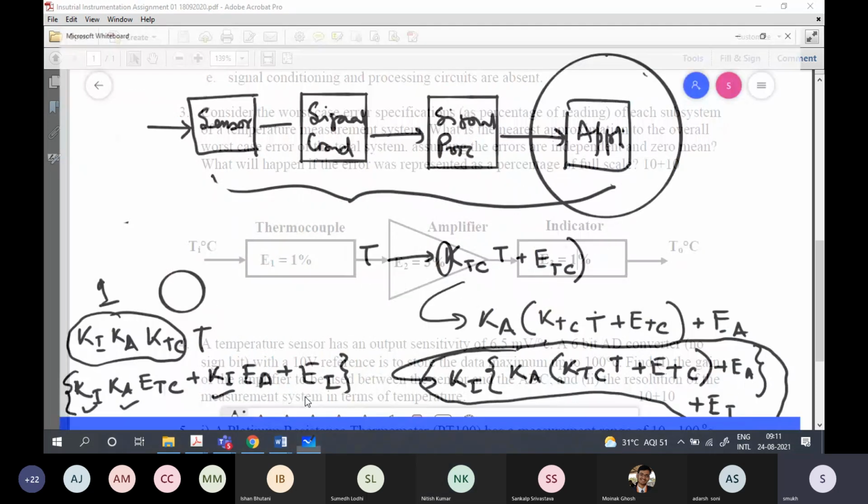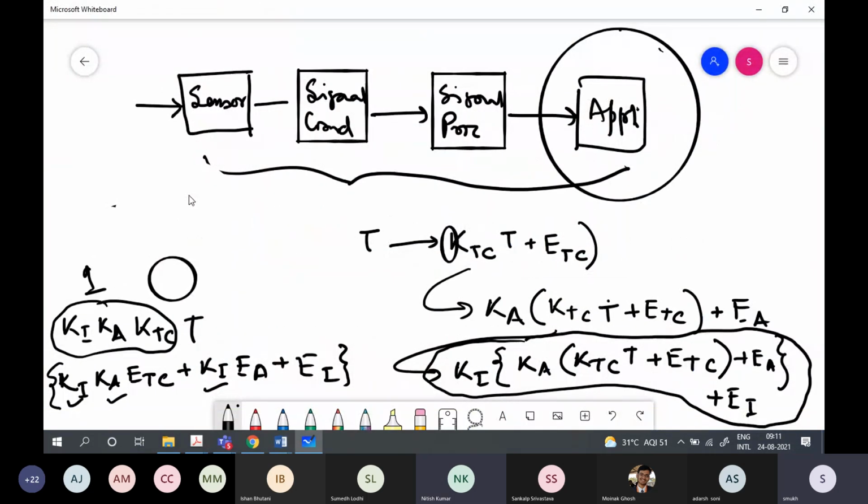Yes. Here you have written the output after the first sensor, that is KTC into T plus ETC. But ETC is actually the 1% of that KTC T. Correct.